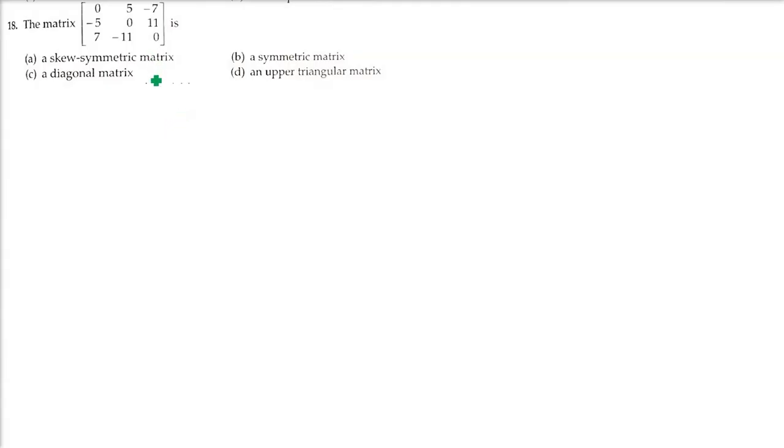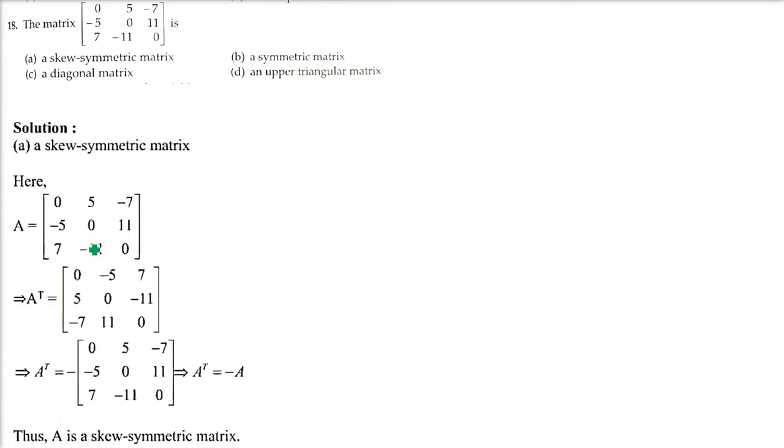The matrix, this is what? So we'll just take the transpose. Let us take the transpose. So this is the row, I'm making it as column: 0, 5, minus 7. This is a row, we're making it as column: minus 5, 0, 11. 7, 11, 0. That is 7, minus 11, 0. Okay.